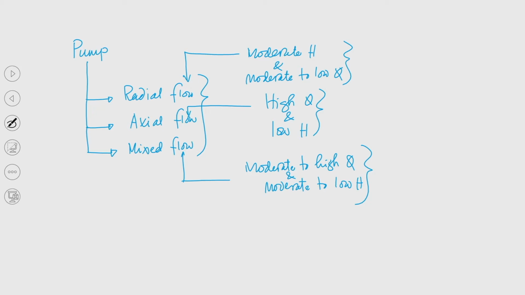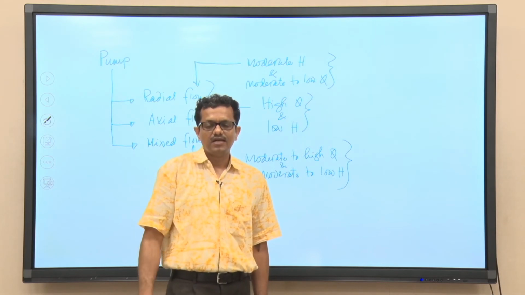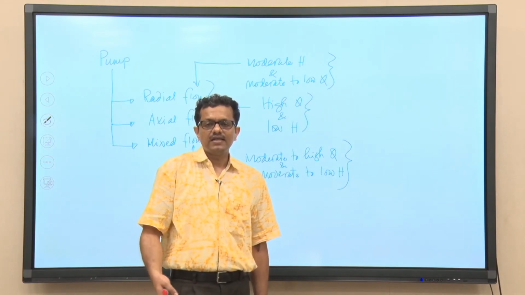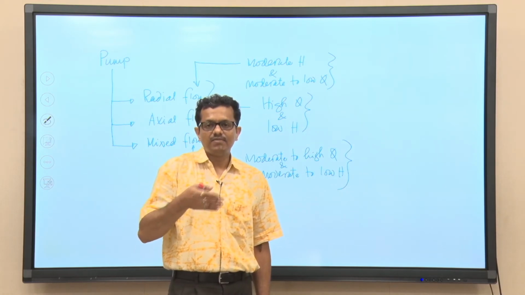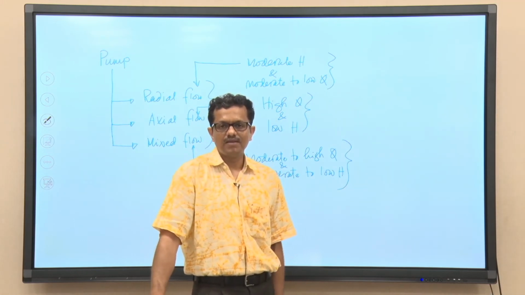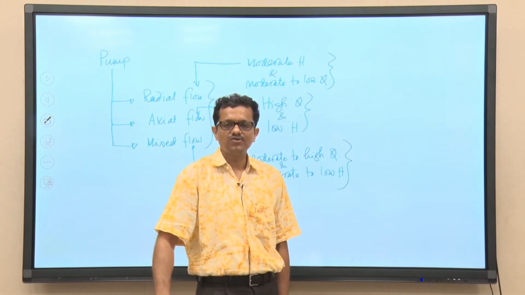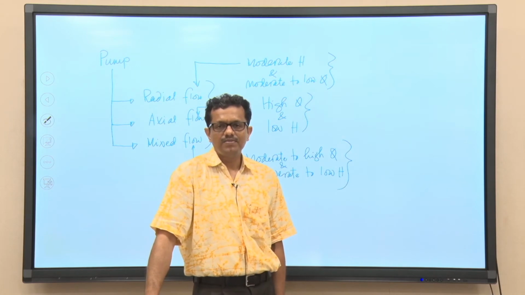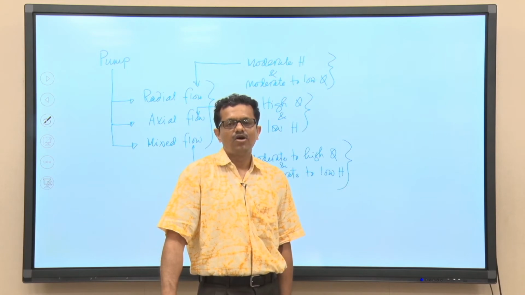Now, today we will be discussing what happens if we select a particular pump, say a radial flow pump, and install it in a pumping station. Maybe initially a single pump is sufficient to meet the demand. If it is for domestic use, a single pump may be good enough to meet the discharge and head. If radial flow pumps are used in industrial applications, maybe one single pump is good enough to meet the demand of the system.